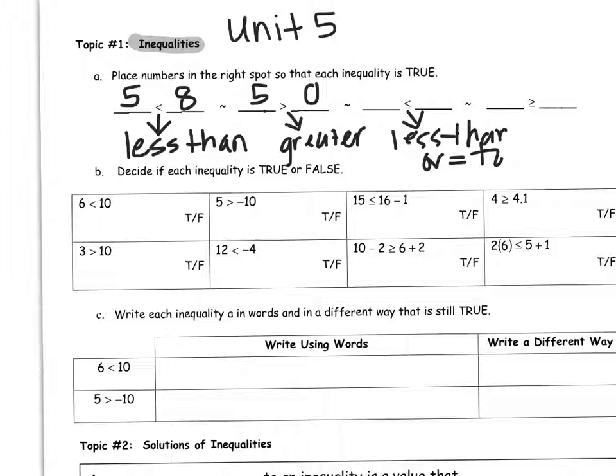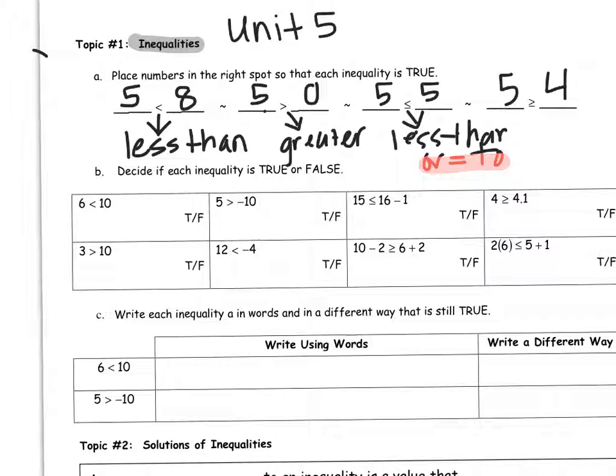So let's pick 5 again. 5 is less than or equal to, we could actually put the number 5 here. That would work because it satisfies this or equal to part. 5 is less than or equal to 5. And then lastly, this is greater than or equal to. So we'll say 5 is greater than or equal to, let's pick something that it's greater than, 4.